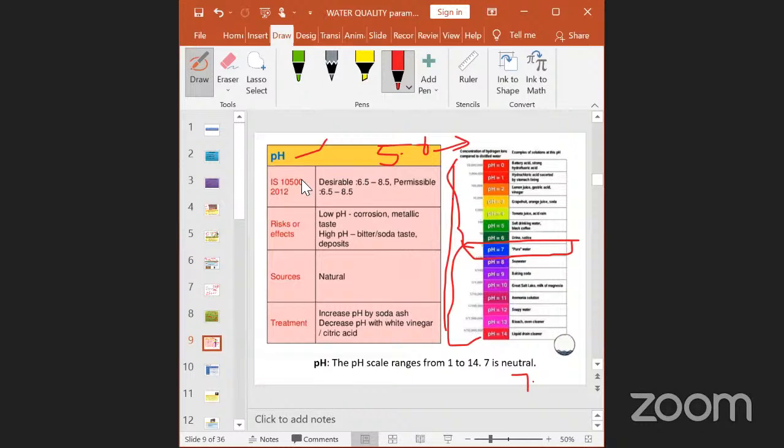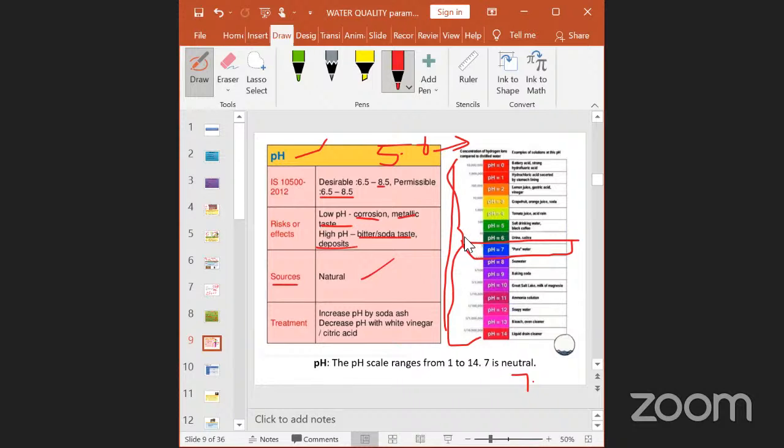You see here the desirable limit is 6.5 to 8.5 and the permissible limit is also 6.5 to 8.5. The risks of low pH are corrosion and metallic taste. High pH indicates a bitter or soda taste and deposits. Treatment: increase pH with soda ash, decrease pH with white vinegar or citric acid.